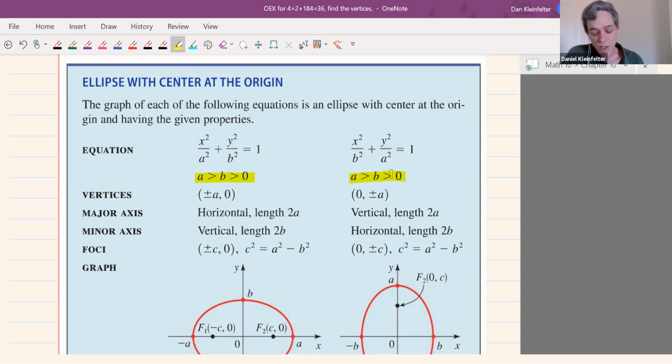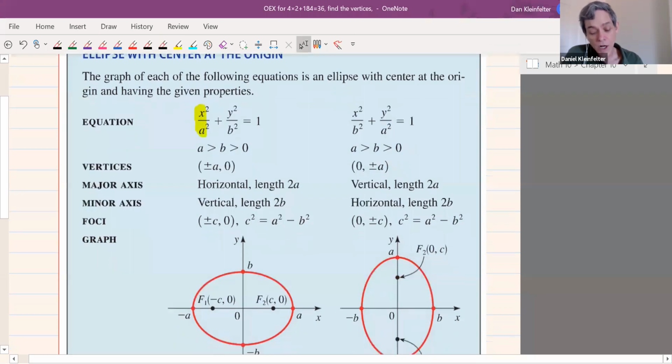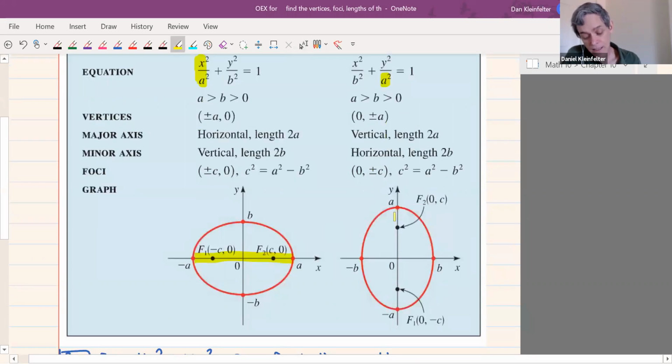Taking a look at our picture, for the equation on the left, it's x squared over a squared. Notice that it's bigger in the x direction. a is bigger, and this thing is wider in the x direction. On this one, the y squared is over a squared. The bigger number is with the y term, and so this thing is bigger in the y direction.